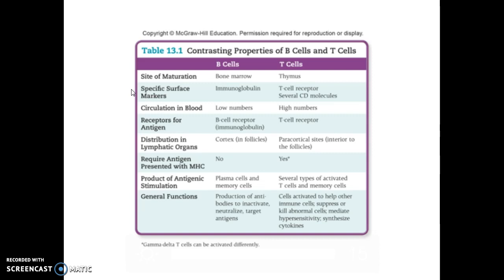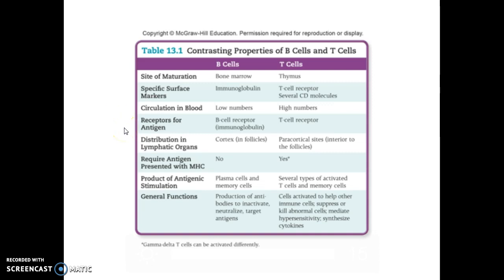T cells, T cell receptor, along with other CD molecules, those CD3 and CD4 or CD8. All right, circulation in blood. B cells actually circulate in very low numbers. They are just going to hang out in the lymphoid tissue, the lymph nodes, the spleen. But T cells, on the other hand, are seen in quite high numbers.